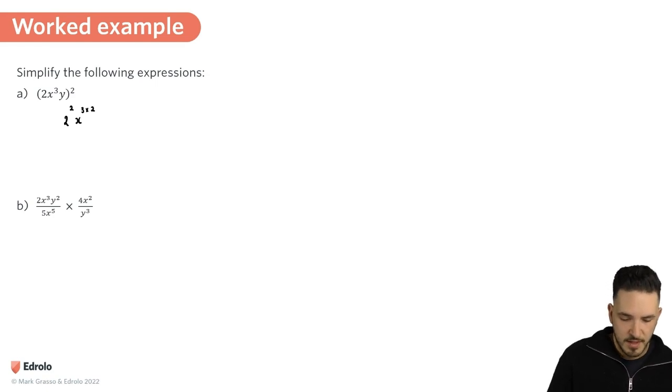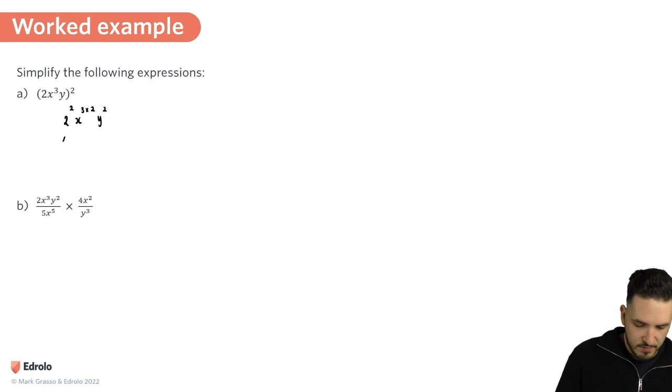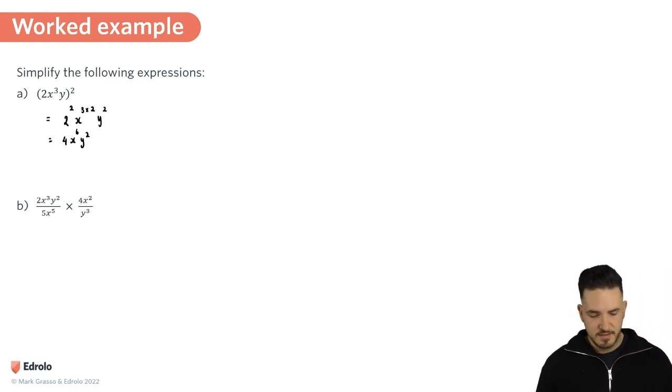So 2 squared, x to the power of 3 times 2, y to the power of 2. We can evaluate 2 squared, that becomes 4. So we'd have 4x to the power of 6, y to the power of 2. That's as simplified as we can go in this particular instance.